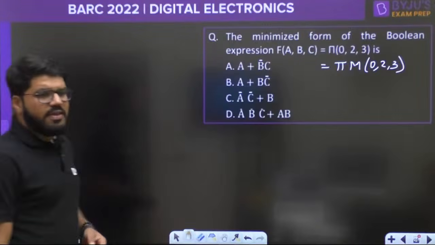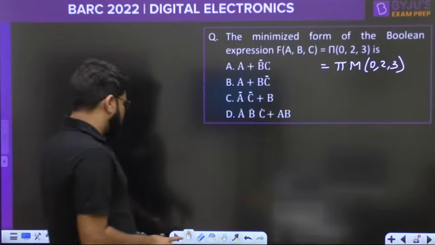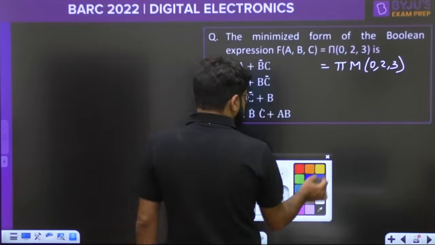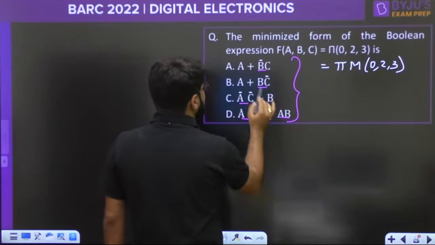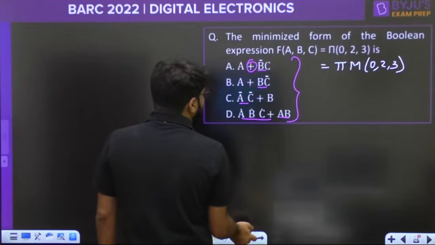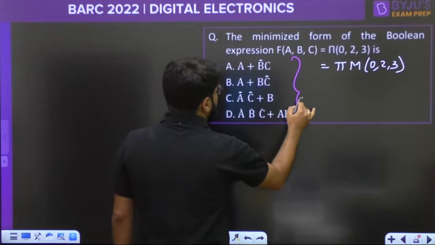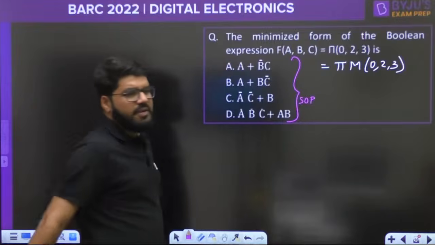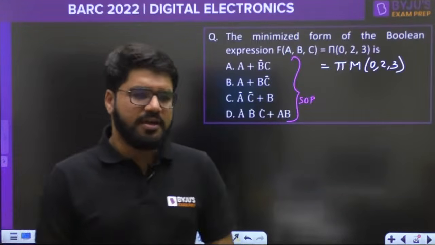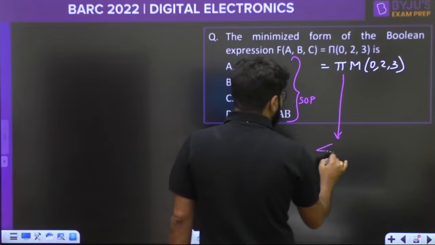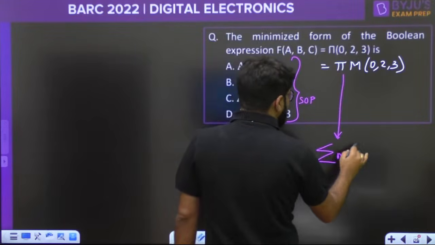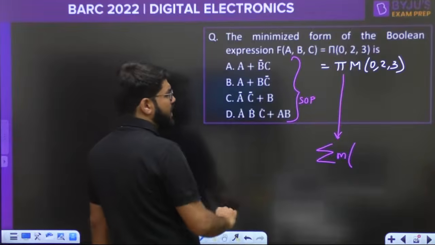Coming to this one, product of the max terms. But if you look into the options, they are product terms that are added, so the options are in the form of simplified SOP, sum of products. Because the options are in the form of sum of products, I converted the product of max terms into min terms because I want the SOP answer.